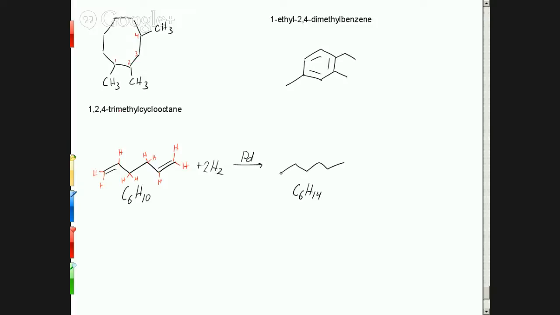4 bonds. So then here, if we think about the same ones, and I'll use blue for the new hydrogens. So we've added these 2 here. We still have these. And those are the 4 that we added in the reaction.